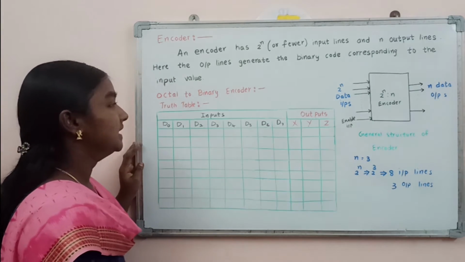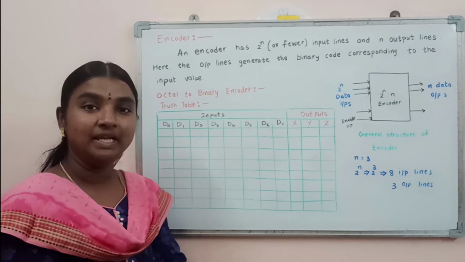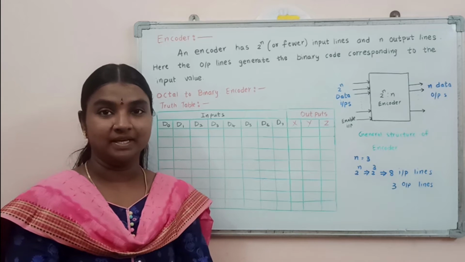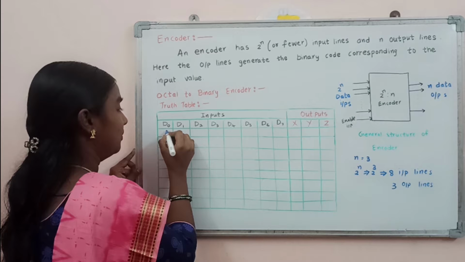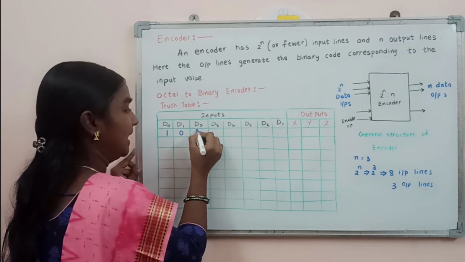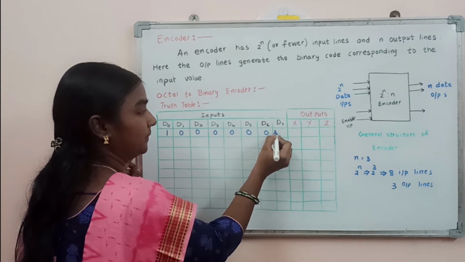In this octal to binary encoder circuit, at any time only one input is equal to 1. For example, the D0 input bit is 1 and all other inputs are 0.